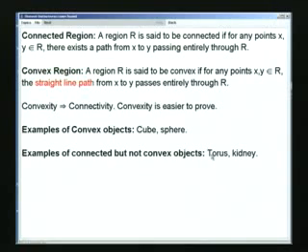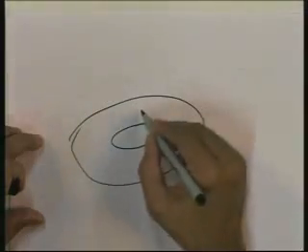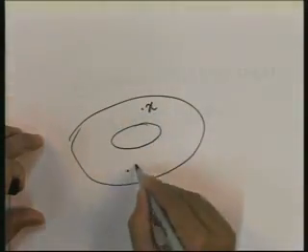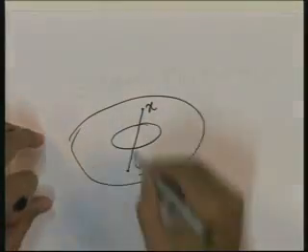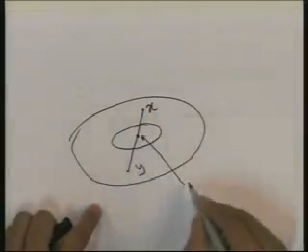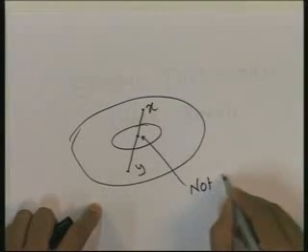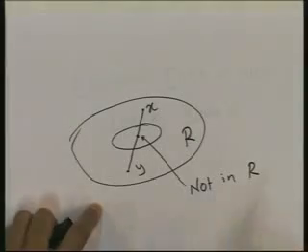If we have a torus, it has a hole in it. If I pick a point x over here and a point y over here, then the straight line joining them would pass through this region, which is not in R. So this torus itself is in R, but this region is not in R.